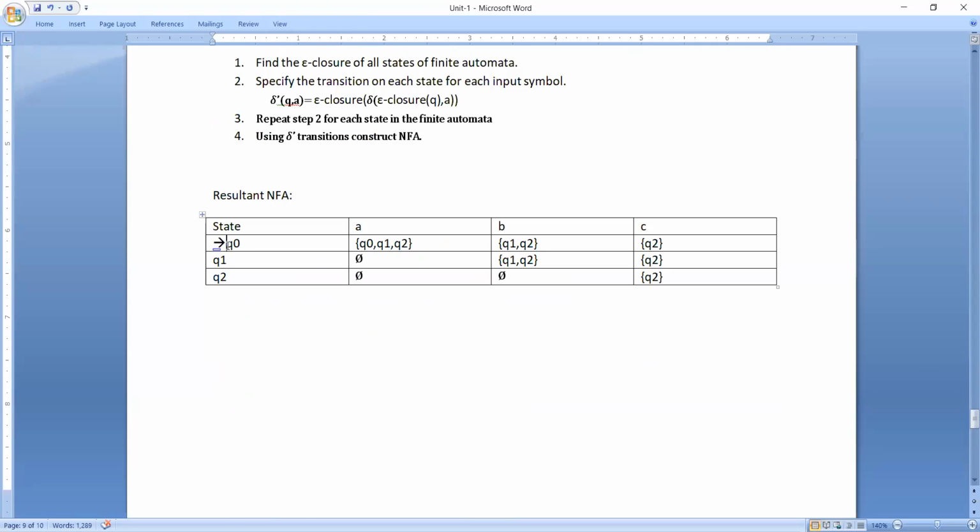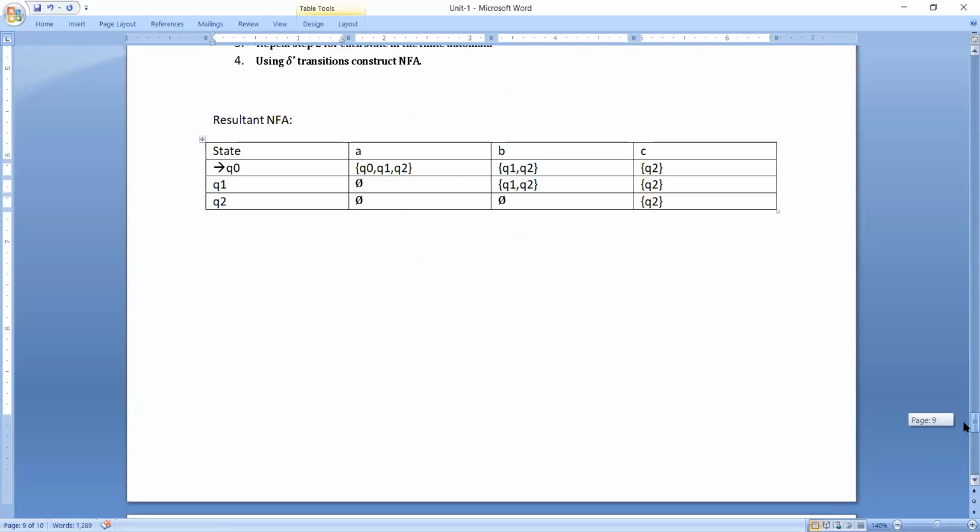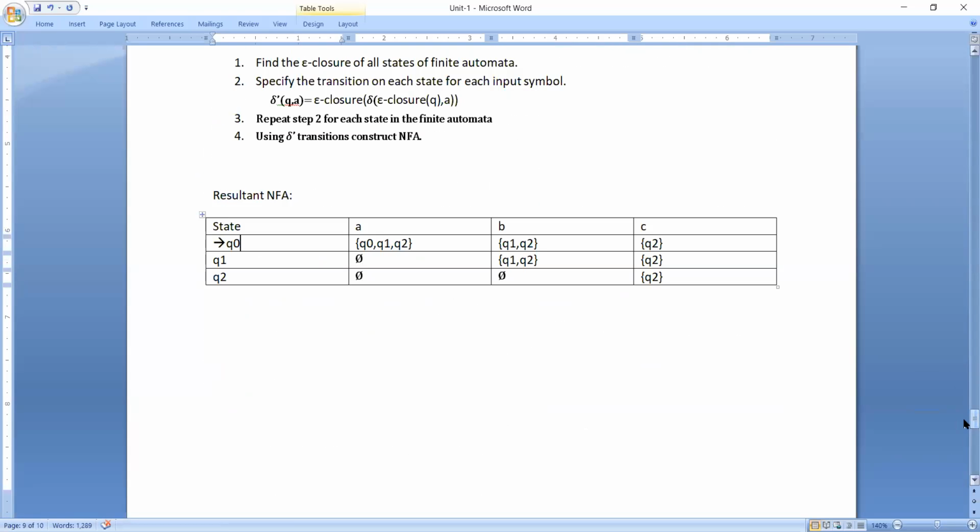Q naught will be the initial state. Now the only thing we have to search for is the final state. When we design an NFA or DFA or NFA epsilon, there must be a final state. So how do you find the final state? This is very important.